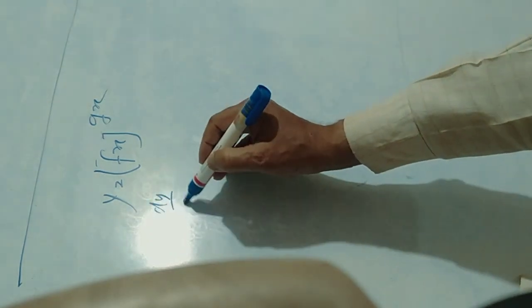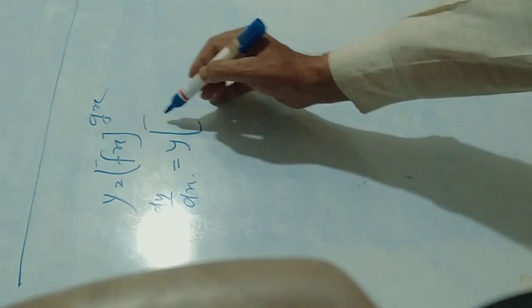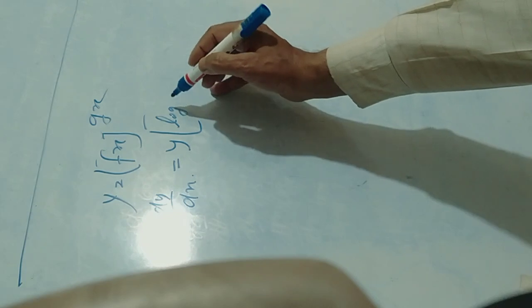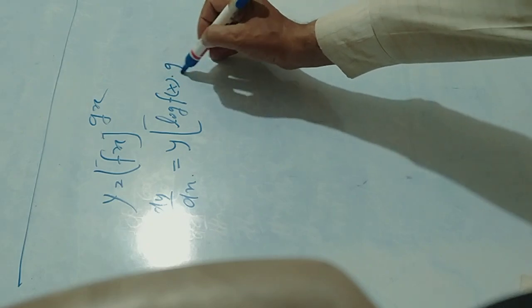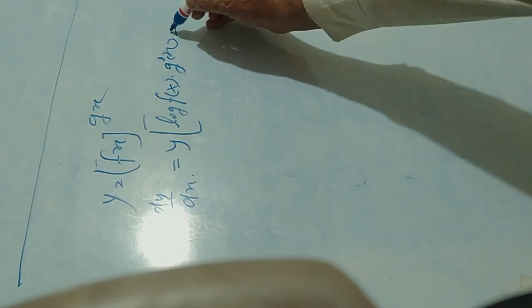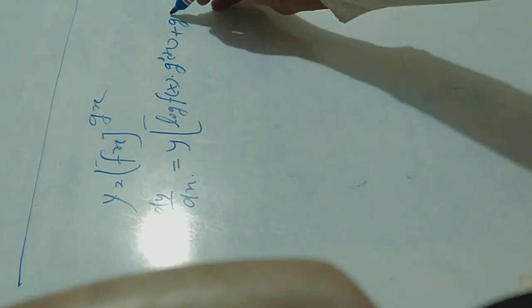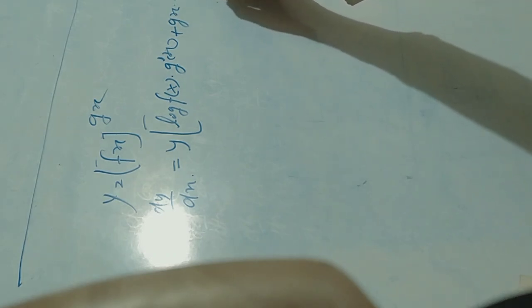In that case, dy/dx is equal to y into log f(x) into g'(x) plus g(x) into 1 upon f(x) into f'(x), right? This is a formula. We use this term.